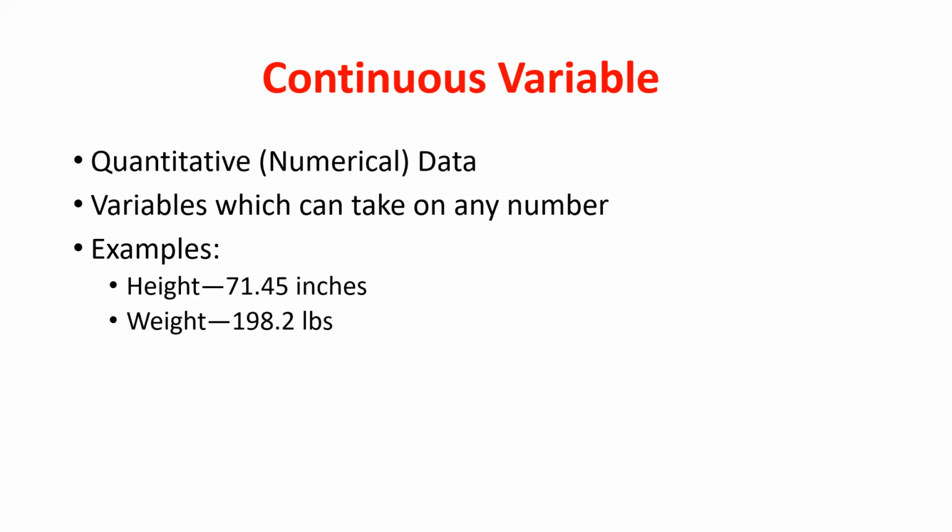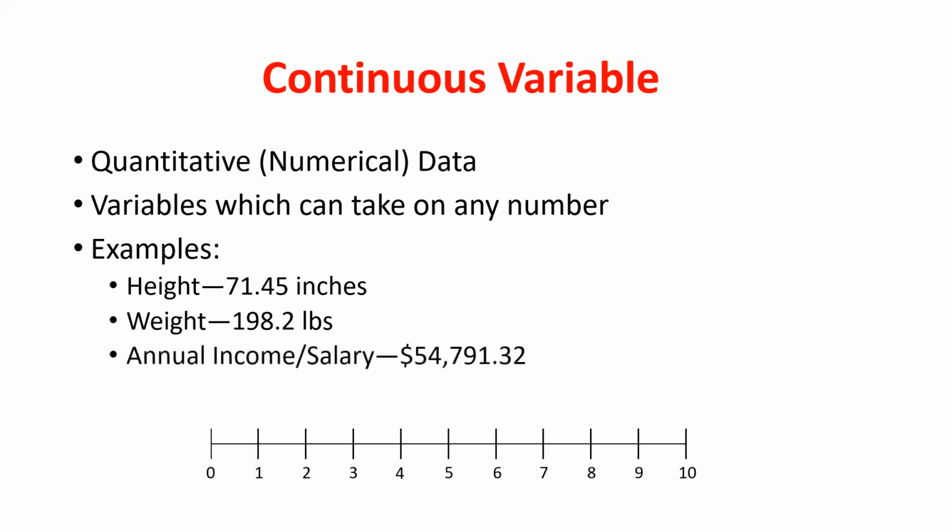So for the sake of this class, it doesn't matter how many decimals we see. Anytime you see recorded values that have decimals associated with them, think of it as continuous. Income is another one where we can see 2, we can see 5, we can see 6.3175284. Any value like that is continuous.